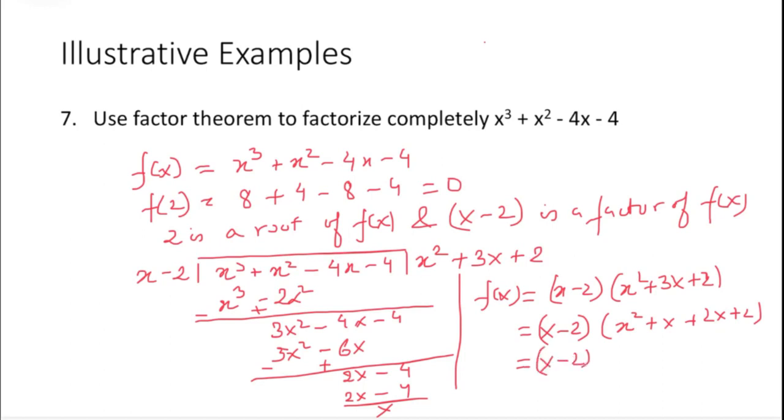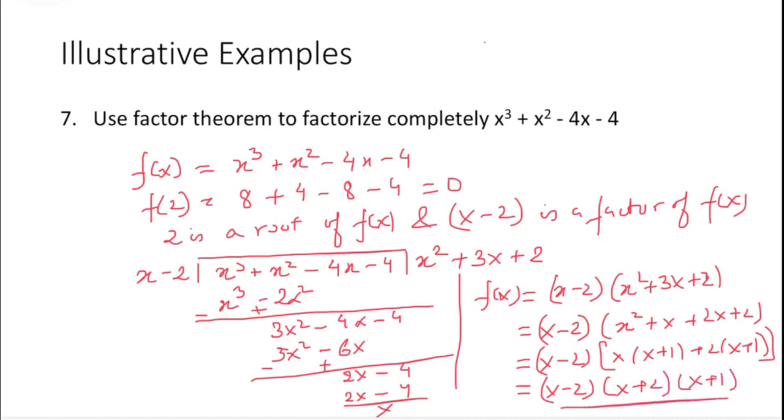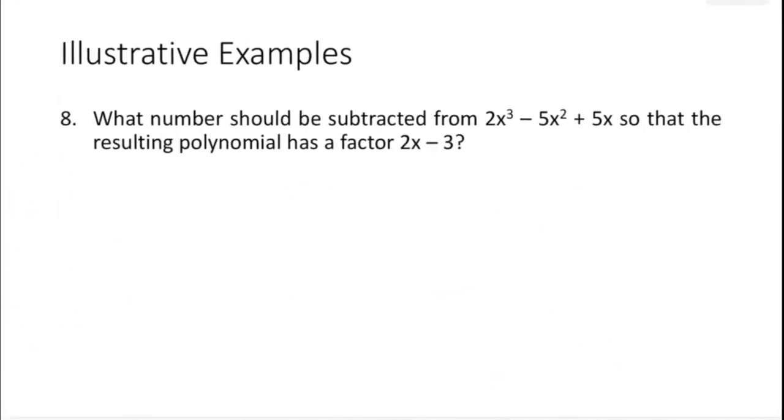So further we can simplify it as x times x plus 1, plus 2 times x plus 1. So finally it is x minus 2 times x plus 2 times x plus 1. So using the factor theorem we completely factorized this equation. Hope that is clear to you. So we'll move on to our next question.